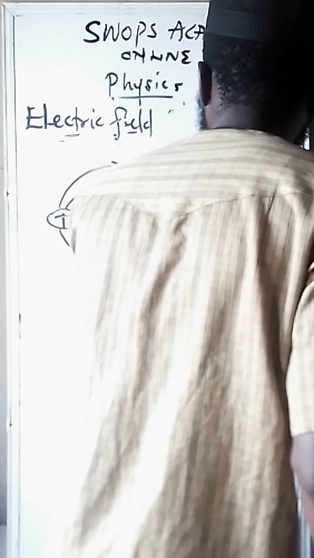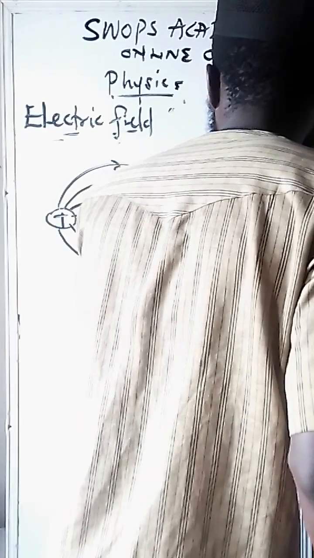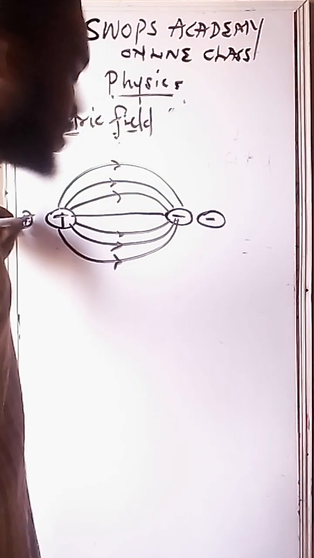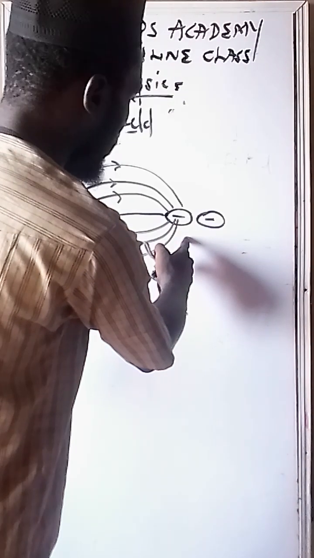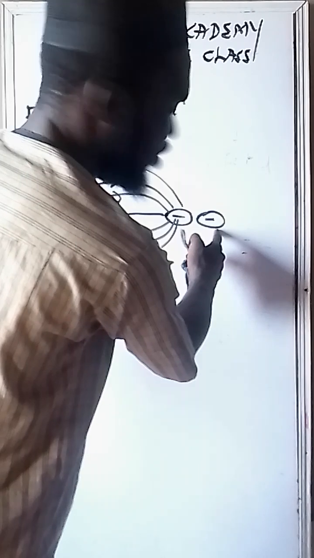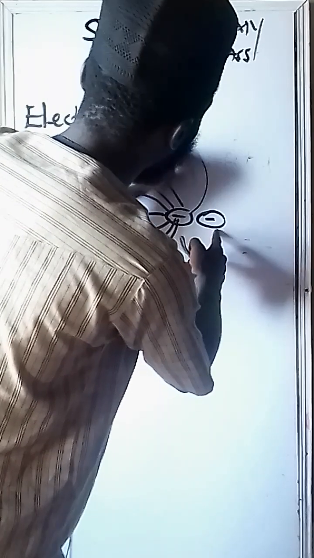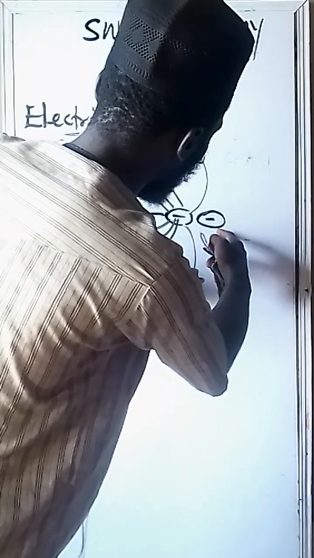If I'm having minus here and plus here, they repel one another, meaning they will never meet. This is the positive pole, this is the negative pole. Negative can never meet negative, so they repel.